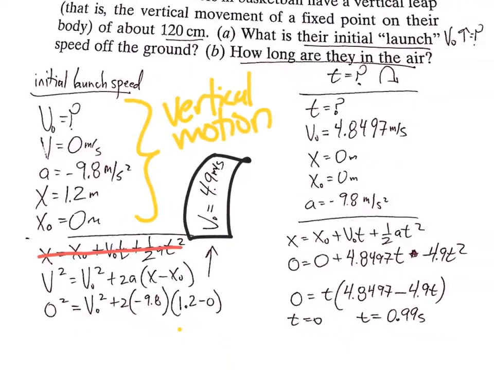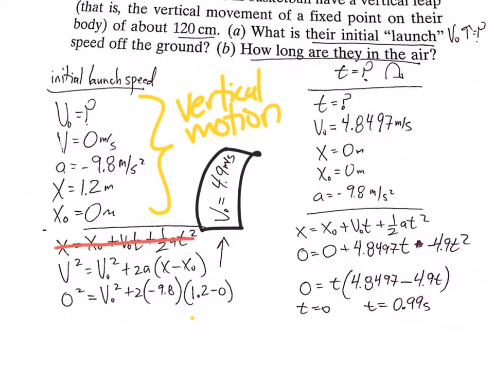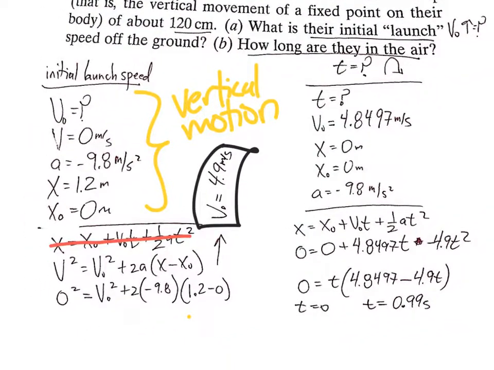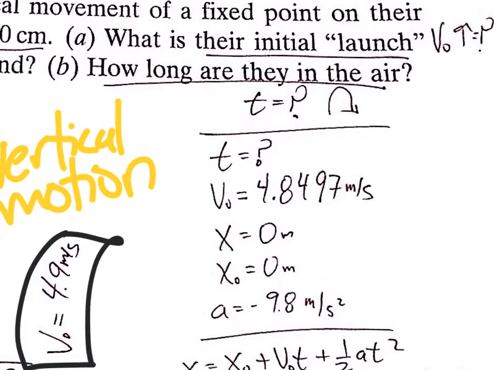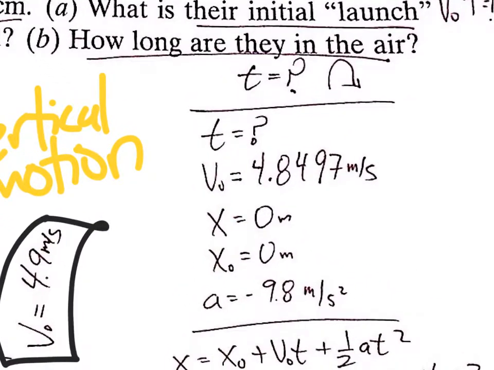And then we were asked, how long are they in the air? So for how long is your physics teacher with mad ups in the air? So t equals question mark from here to here. Initial vertical velocity: notice how I'm using that number from what we just solved.